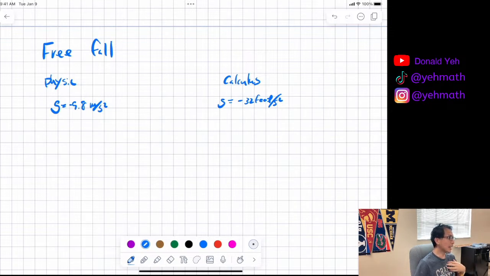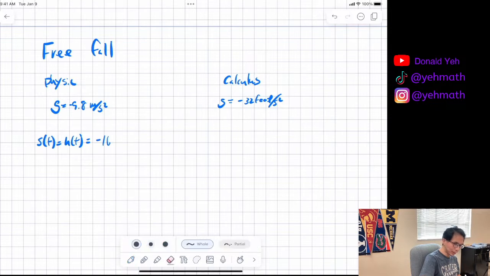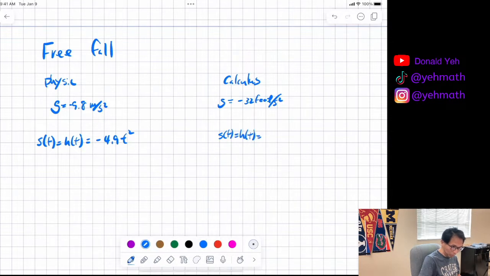For me, I use s of t and h of t interchangeably, because h of t just talks about the height. Usually in free fall, I use s of t or h of t, which just talks about position, equal to negative 9.8, or negative 4.9, t squared, and in feet, s of t and h of t equal negative 16 t squared.